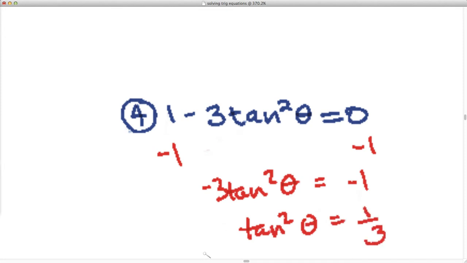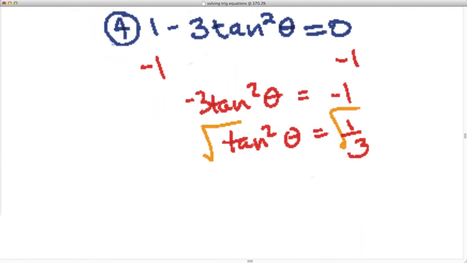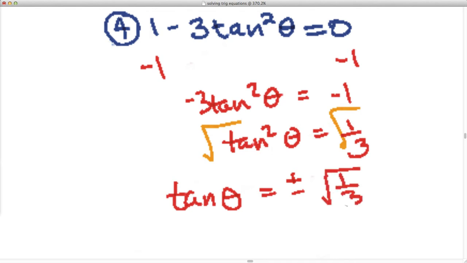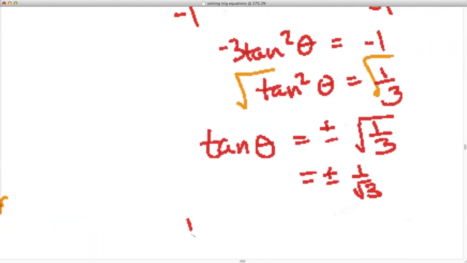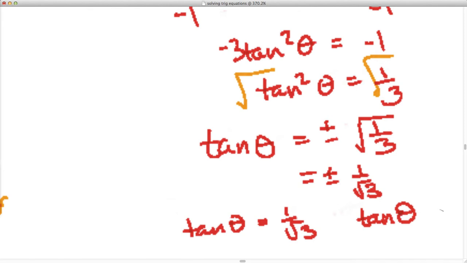And you square root both sides, and in doing so you're going to get tan theta equals plus or minus 1 over root 3, because the square root of 1 is 1. So now we in essence have two problems. We have one that says tan theta equals 1 over root 3, and the other one is tan theta equals negative 1 over root 3.